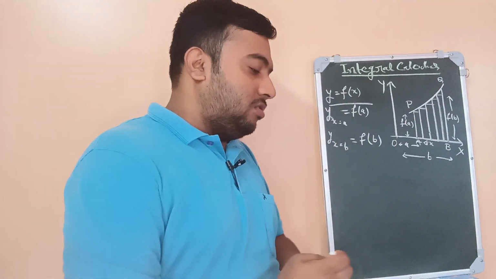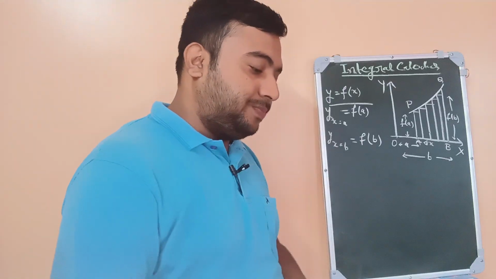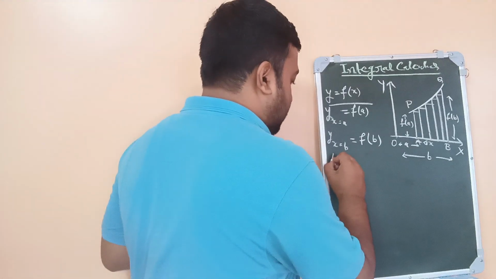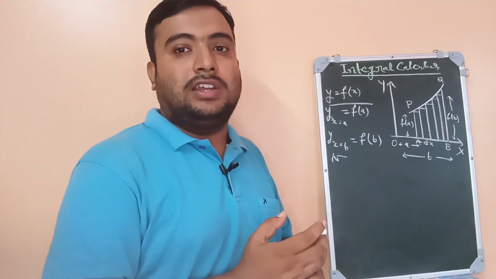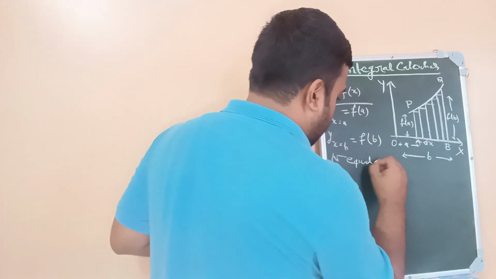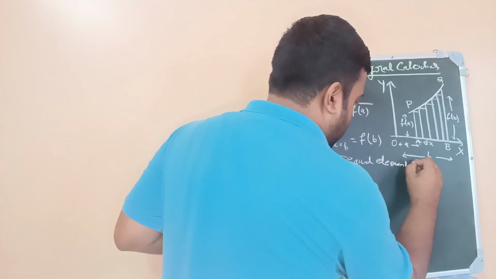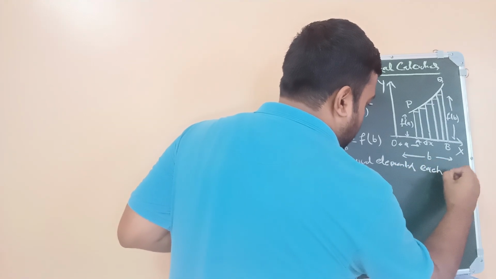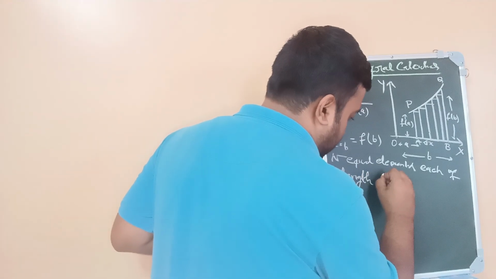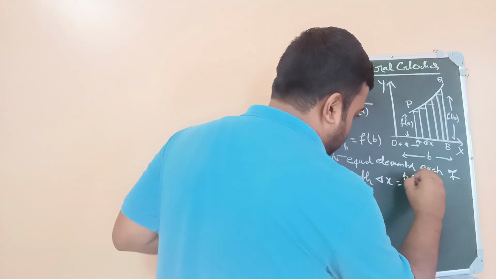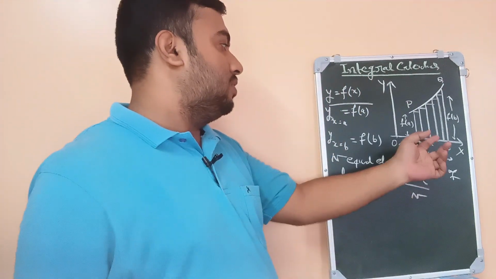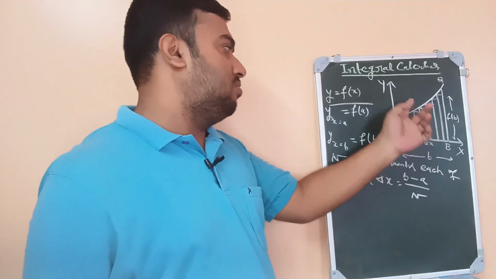To find the area, we divide the length AB into capital N number of equal elements, each of length delta x equals b minus a by capital N. So delta x is the length of each element.